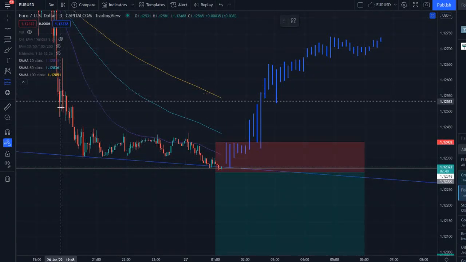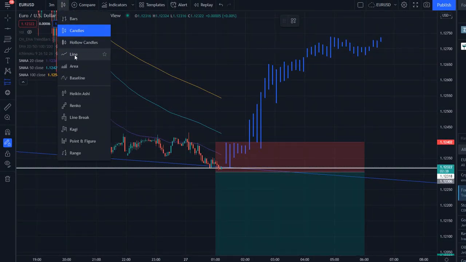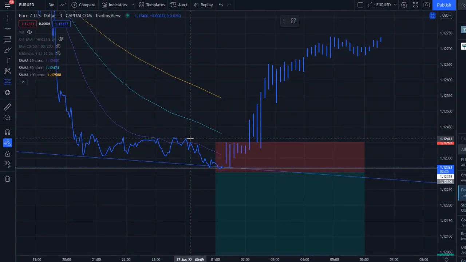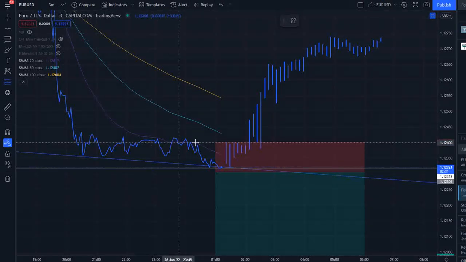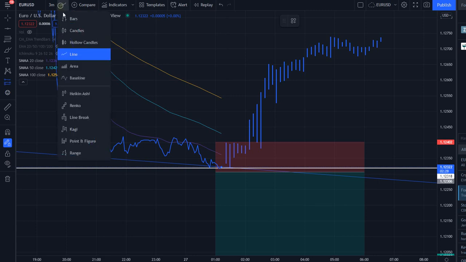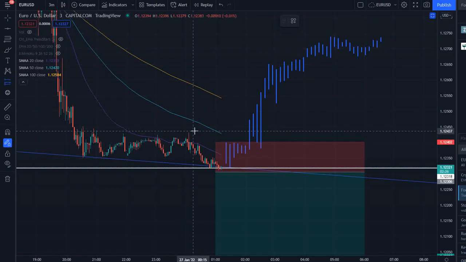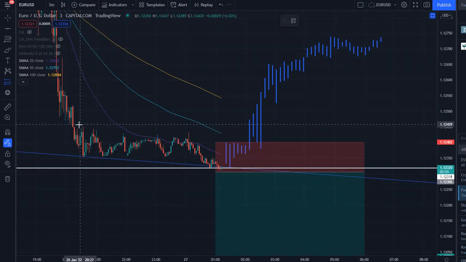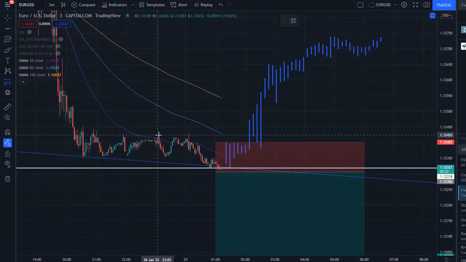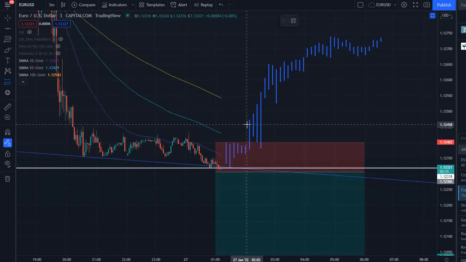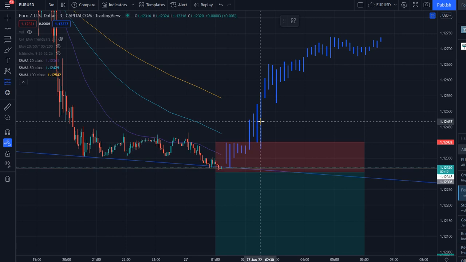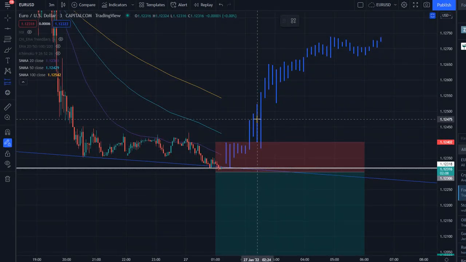So we're happy. Let me just go on the lines. The lines make everything much better, so you know exactly where we should be looking. So in this case it will be somewhere here. This is our resistance. Try to break through, nothing, nothing, nothing. Here we go. If it crosses this, if we break this, then I wait for it to go up, come back, and in this case maybe here I would enter.